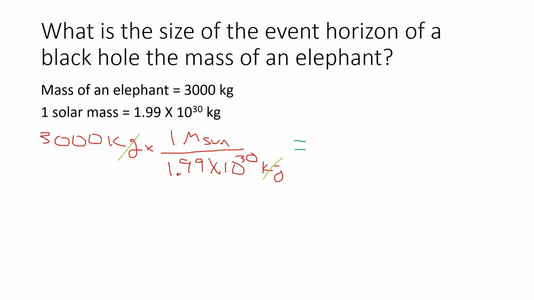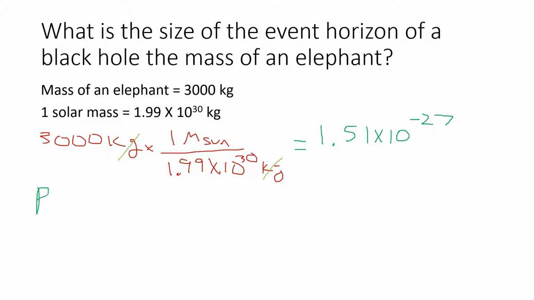So let's all grab our calculators and divide this out. 3,000 divided by 1.99 times 10 to the 30th comes out to be a very tiny number, 1.51-ish times 10 to the negative 27th.